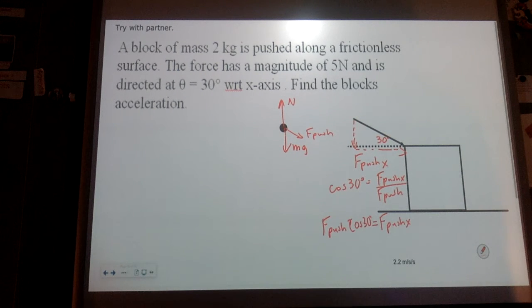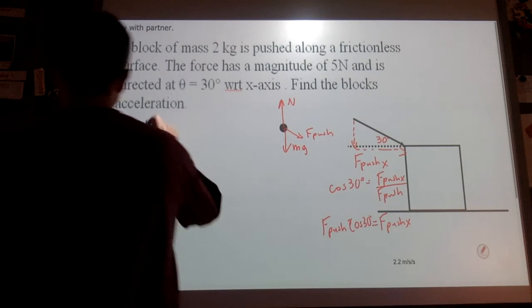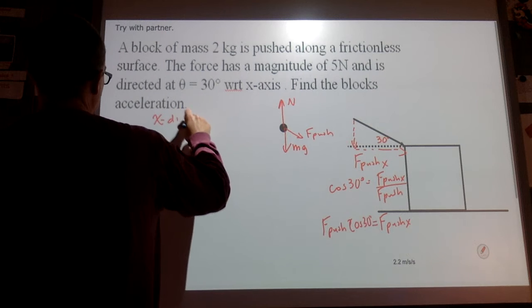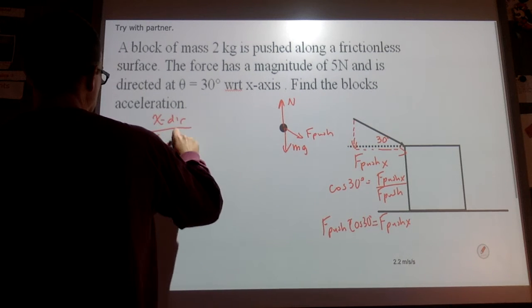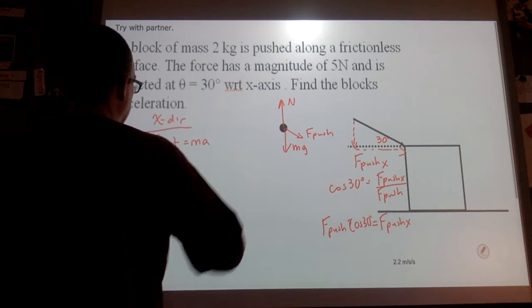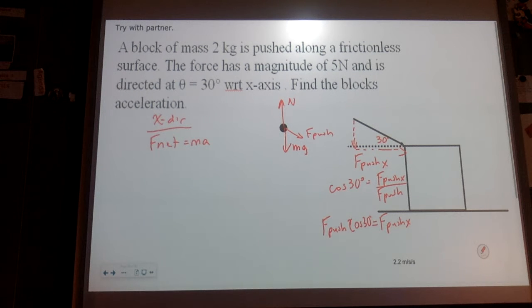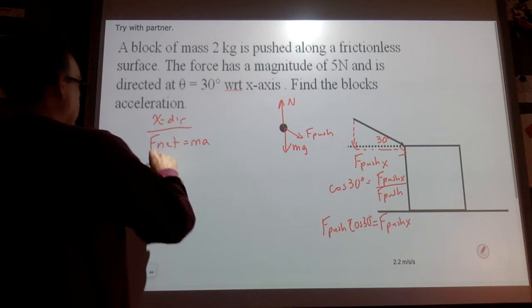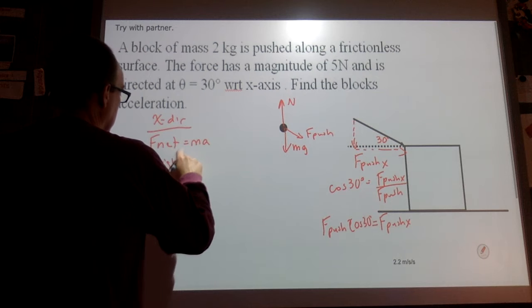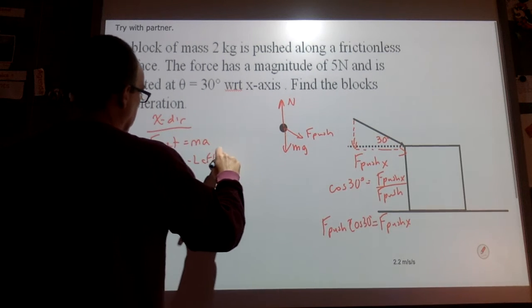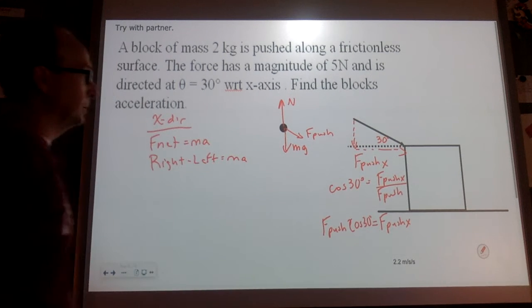Now, my acceleration is going to be in the x direction. So I'm going to let them know that I recognize this. So I'm going to say, in the x direction, Fnet equals MA. And I'm going to say that right minus left is equal to MA.